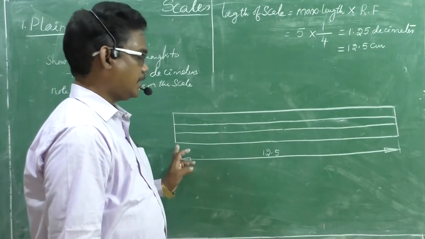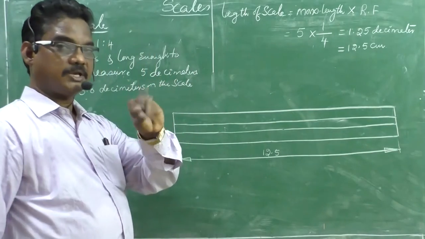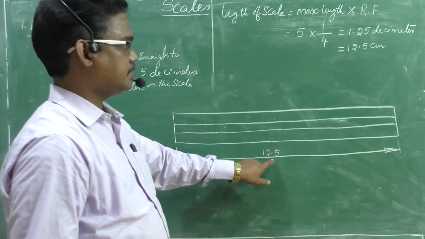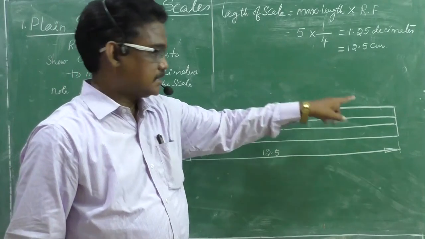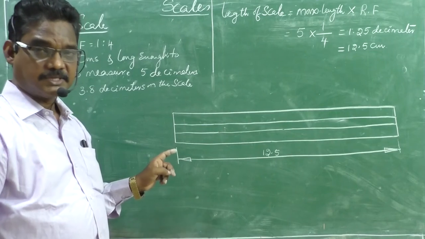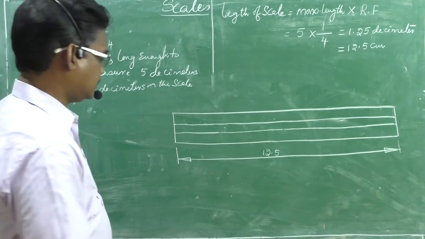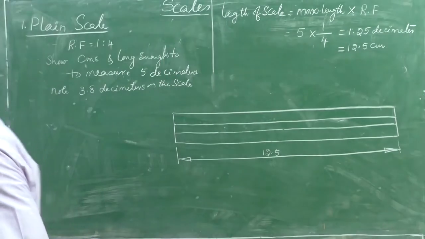Now divide this whole length into 5 equal divisions. See, 12.5 centimeters equal to 5 decimeters. If you consider 5 equal divisions over this, obviously each division is 1 decimeter. Now, construction.